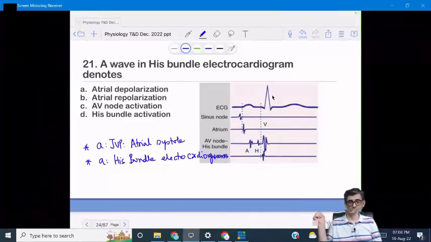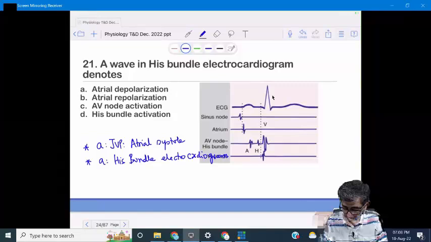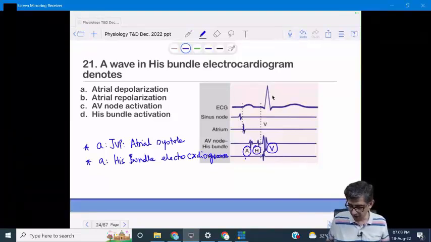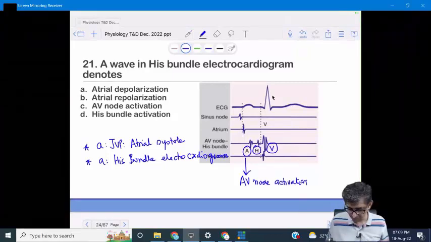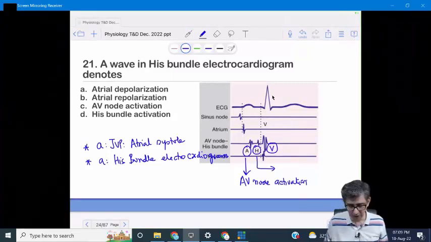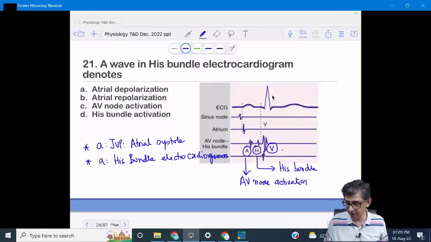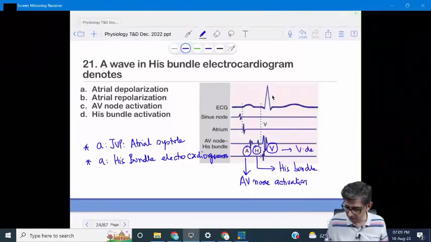Here you will have 3 waves, called the A wave, H wave, and V wave. The question is regarding the A wave. So what does the A wave indicate? The first wave indicates that the AV node of the patient is activated. It indicates AV nodal activation. Then the H wave indicates His bundle activation, because the His bundle will be below the AV node. And the V wave will indicate ventricular depolarization.